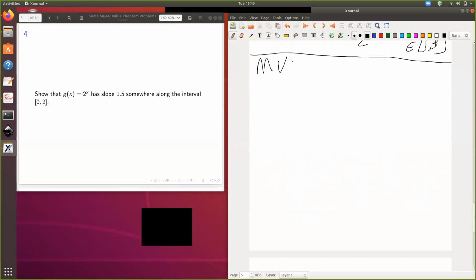So we're going to use MVT. It doesn't matter so much at this point what the derivative is. What we're going to do here is go ahead and take the average slope just to see if we get something that we like. So one moment, I got a few notes here.